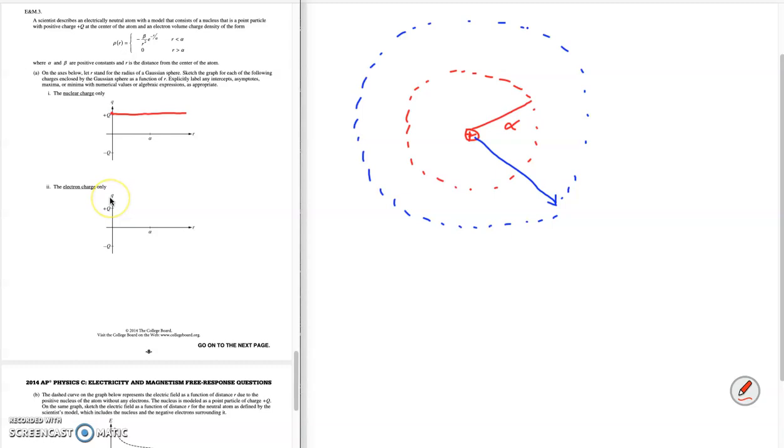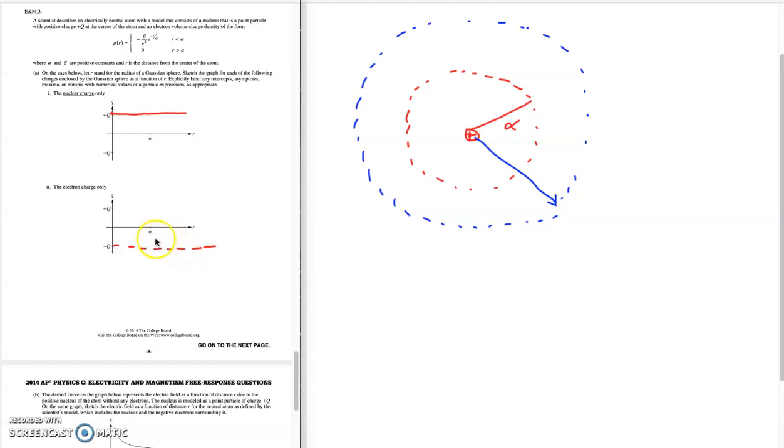Now the electron charge, first off, electrons are negative. Second off, once we get to radius alpha, we've enclosed all of the electrons. The idea being once you're outside the atom, there's no more parts of the atom out here where I put my blue dot. So this is empty space. So we're going to have an asymptote here.